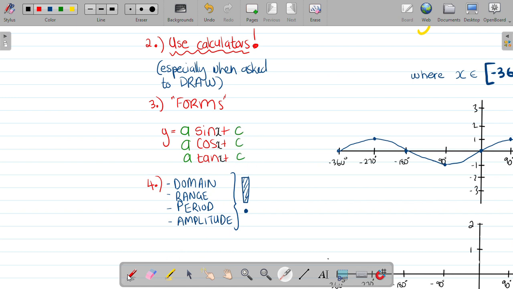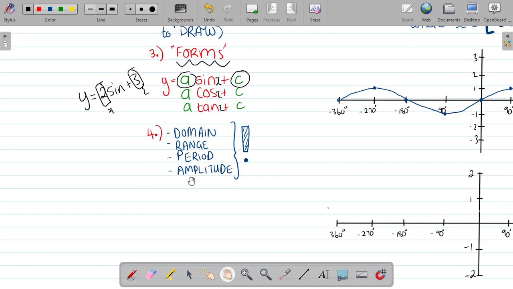For instance, a really random example: you can get y equals 2 sine x plus 3, and we'll get to what these numbers represent because they are so important. I don't know if they really use the word forms, but I just wanted to highlight that there can be numbers in front and numbers afterwards, which does affect the graph. But I'll get to that in later videos.